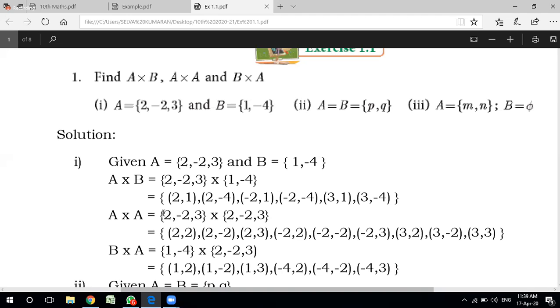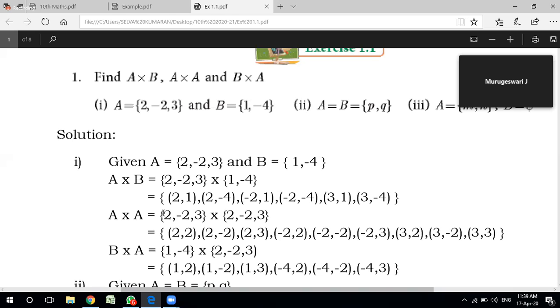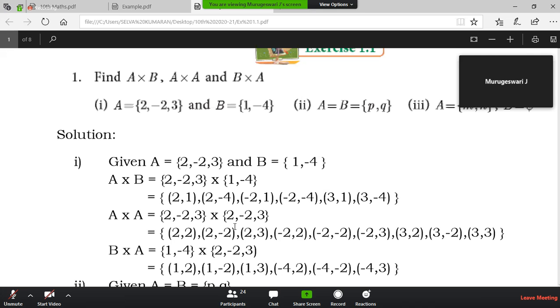You already learned in one note, no? You multiply the number of elements in A and A. So what is 3 into 3? 9. So the number of elements in their cross product is 9. Suppose 9 elements are not there, then you can check it. Okay, actually. Now B cross A.